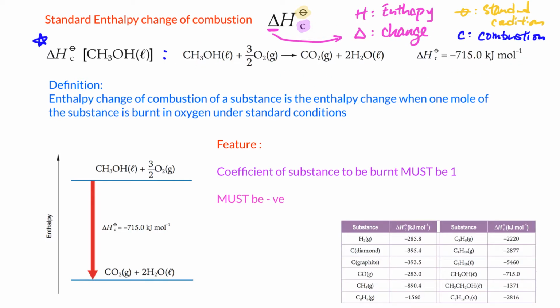So when we have CH3OH as the target, we're going to put it into a combustion equation. Combustion, you know that we're going to burn it, so we need oxygen. In the equation, we burn this one in oxygen. And because we have carbon and hydrogen in it, you have carbon dioxide and water as products.